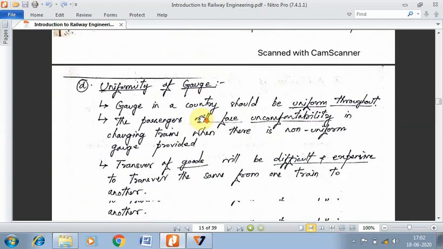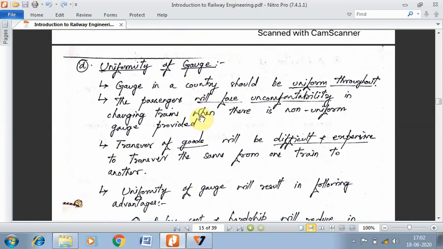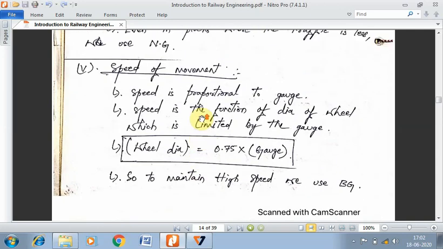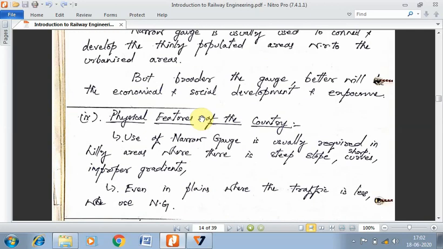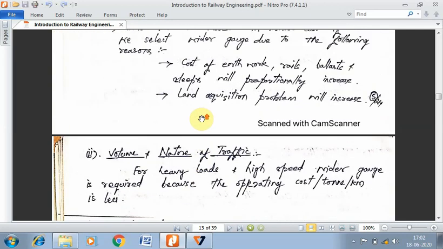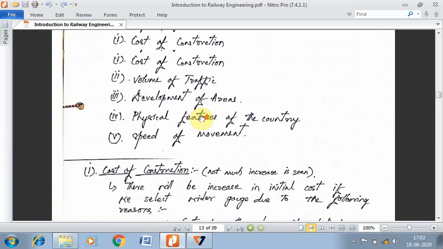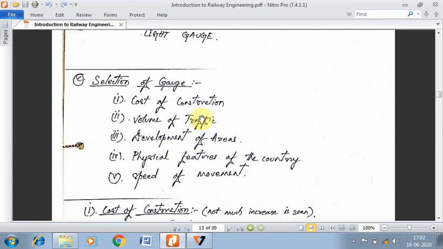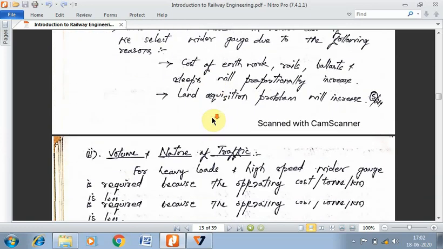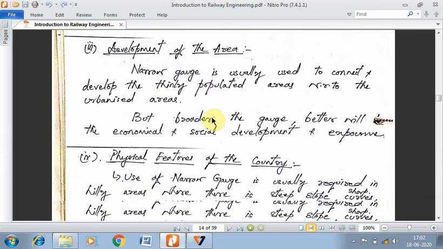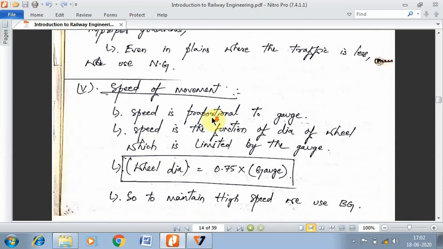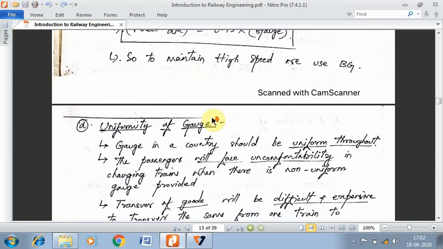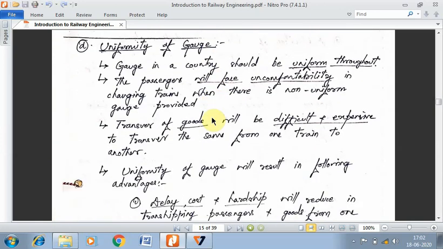Okay, then uniformity of gauge. When we talk about all these important factors which influence the selection of the gauge, it would be required for you to understand about the uniformity of gauge as well, right?